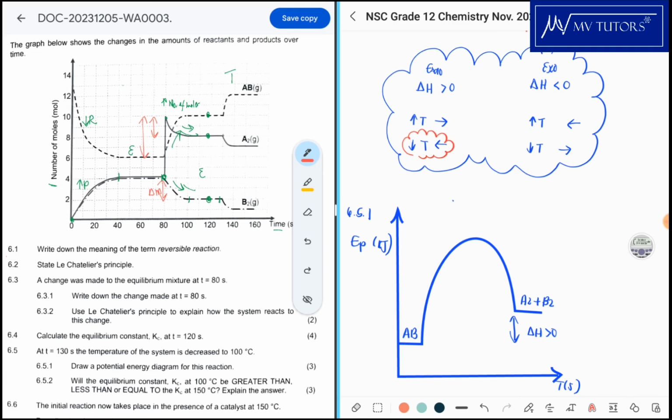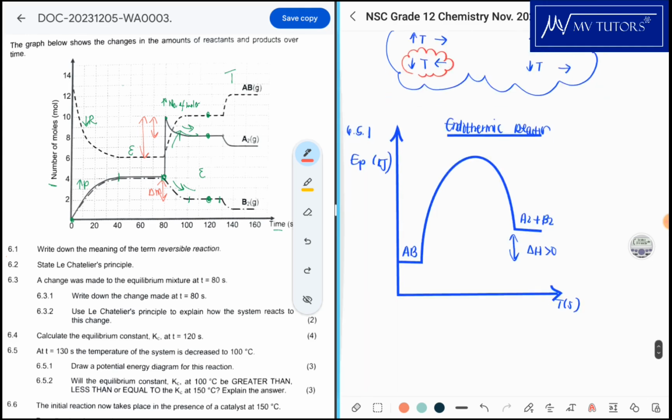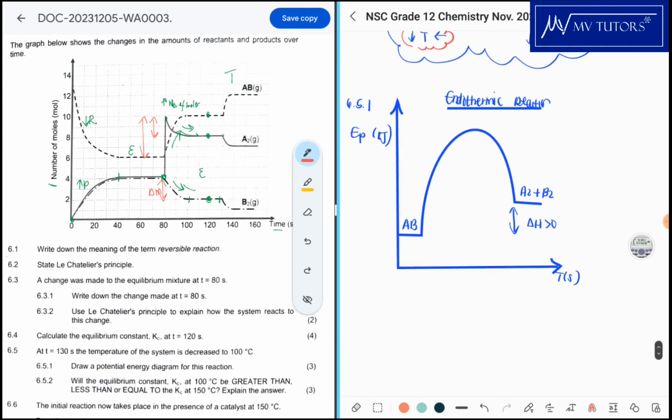Okay, so this is for an endothermic reaction. Okay, so there we go. Let me just do that again. So endothermic reaction. All right, so that is worth 3 marks. That's a nice 3 marks to get there.